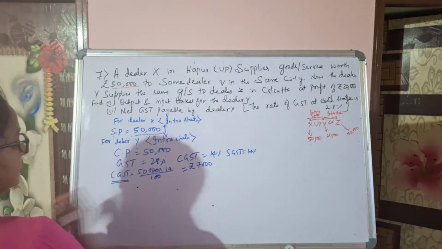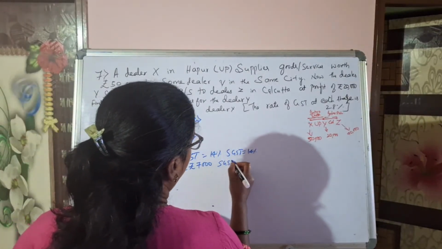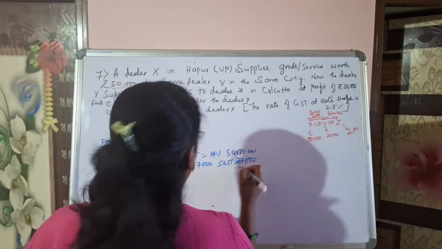If CGST is 7,000, then SGST is also rupees 7,000.